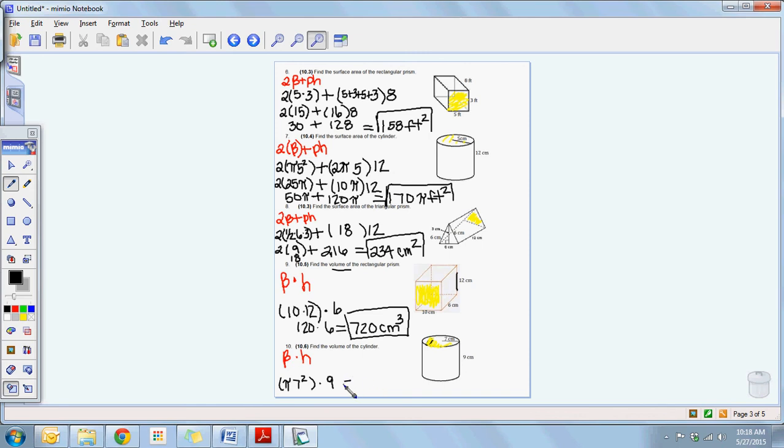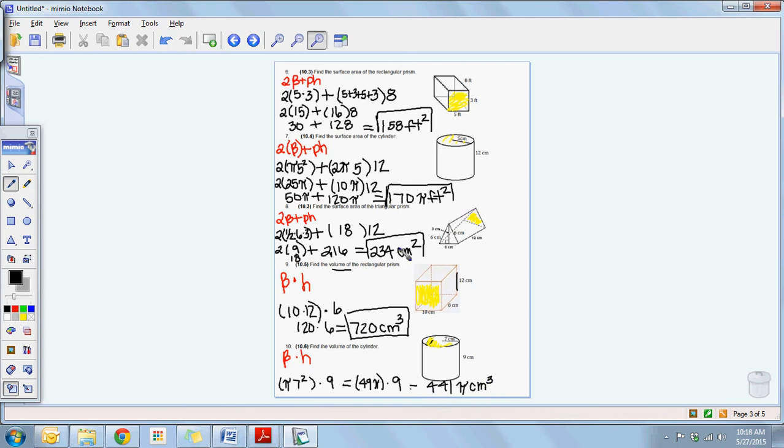To simplify, I have 49 pi times 9. If I multiply 49 times 9, I get 441 pi centimeters cubed, since it's volume.